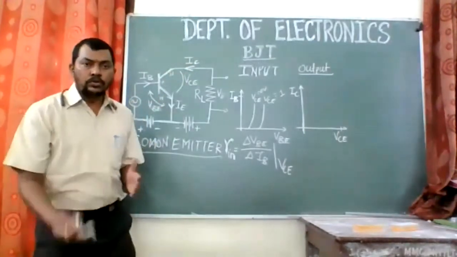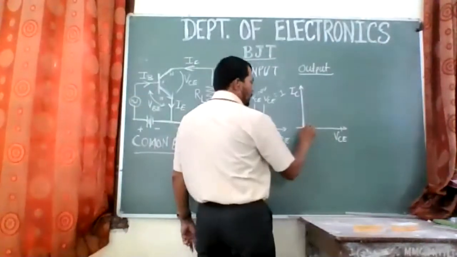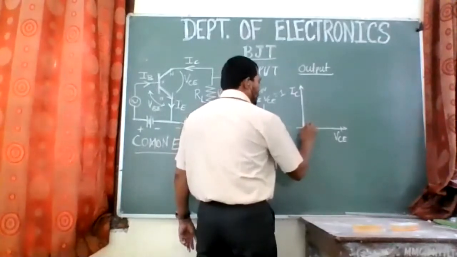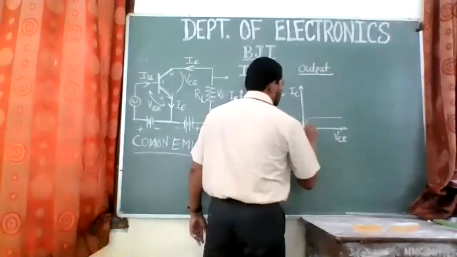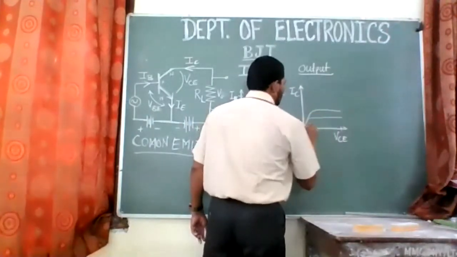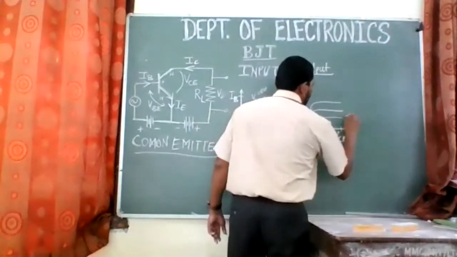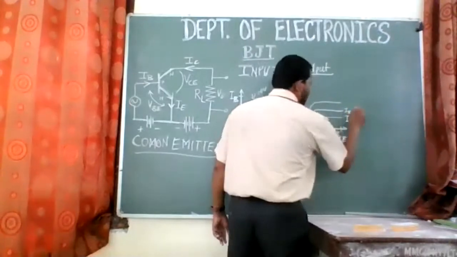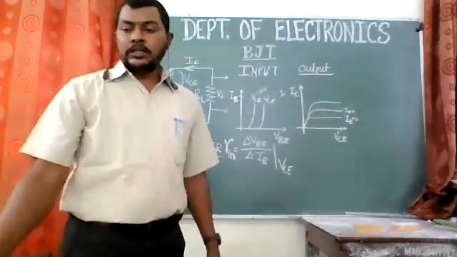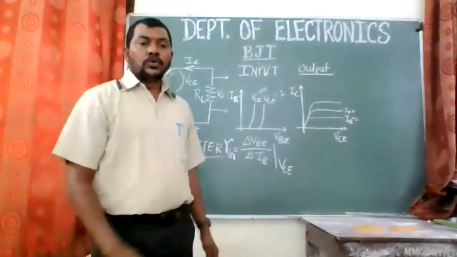Now, if you go through the practicals, it is seen that as you go on increasing the collector emitter voltage, initially it rises to a certain point and then it becomes constant like this. So for different base currents, we will have IB equal to 0, and actually these are the graphs which we are expecting from your side to plot.